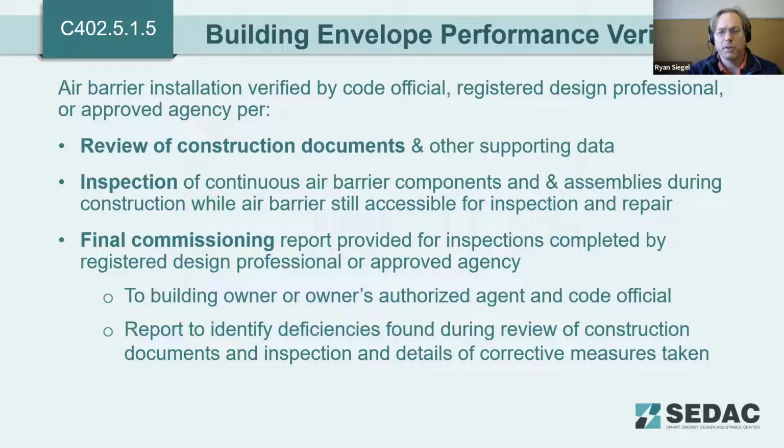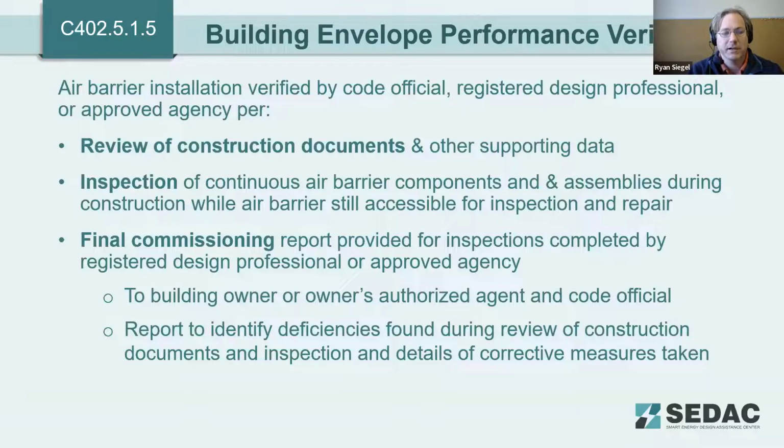So part of this is checking the construction documents. This is also going to be very important for design professionals to go through and outline where your air control layer is, and wherever an intersection of two materials or even just two joints come together, making sure that there is an appropriate detail of how to construct that air barrier so that it is able to be continuous over time.